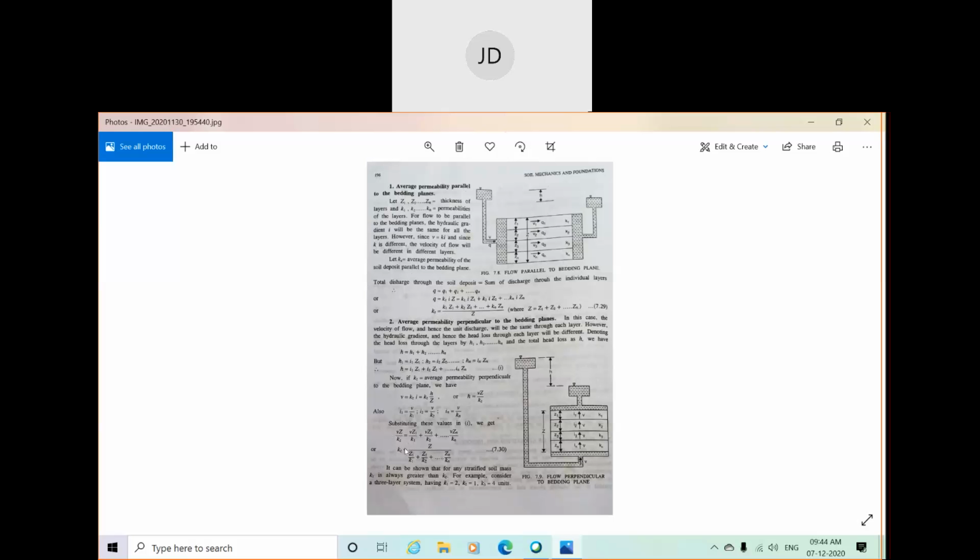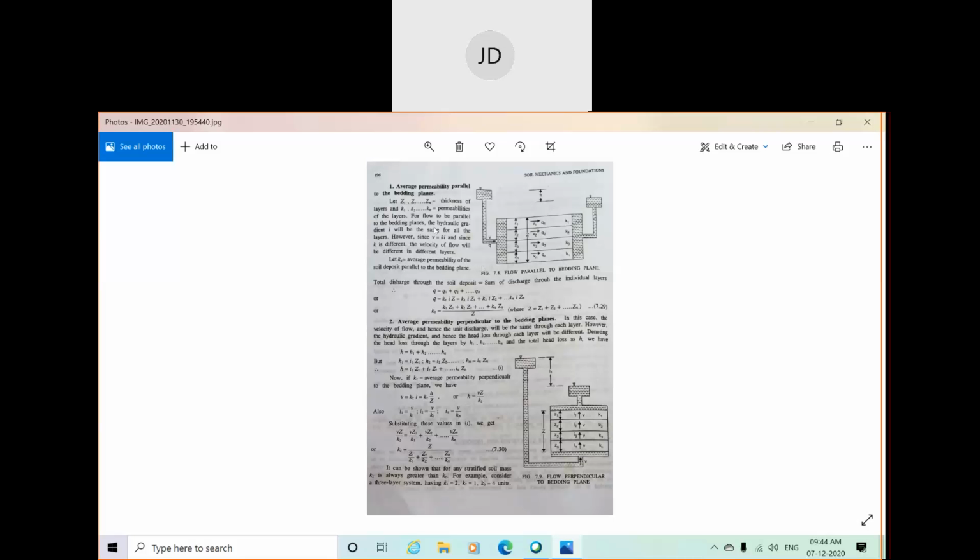Kx and kz are the average coefficients of permeability in the case of stratified soil, depending on the direction of flow. Case 1 is the average permeability parallel to the bedding plane, and case 2 is the average permeability perpendicular to the bedding plane.